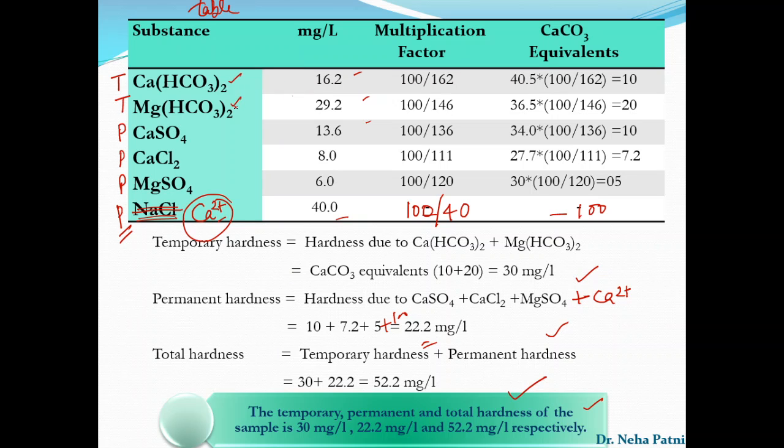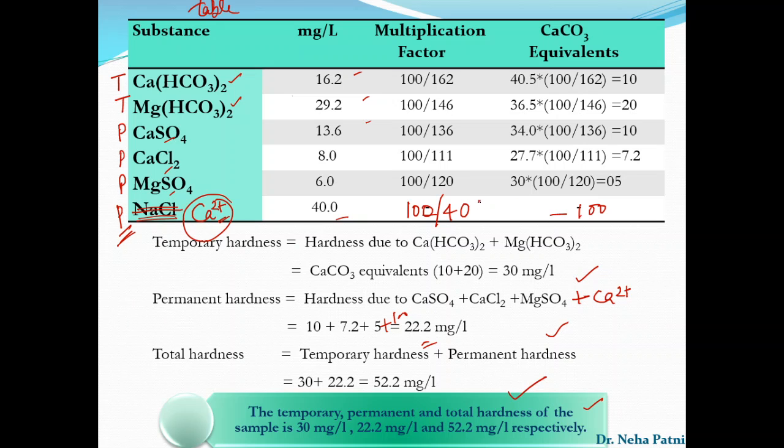That means they are quite unstable, and when they are unstable, they are not going to give you the ionic form. The ionic form can only be obtained from these kinds of ions which are very strong and stable, like sulfate, chloride, etc. When they get removed, calcium can easily remain as such as Ca2+ present in the water, right? So whenever Ca2+ is there in the analysis of water, just make sure that it has come due to some presence of permanent hardness, and you have to calculate it in the permanent hardness.